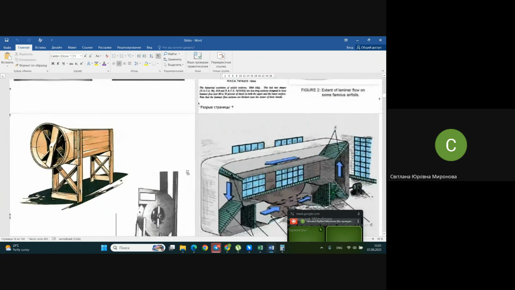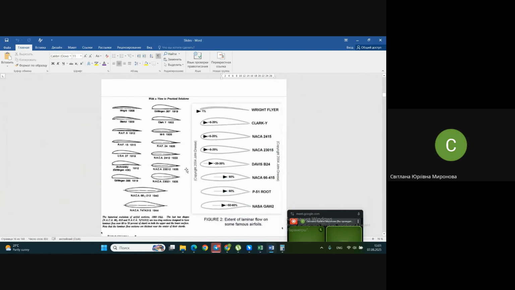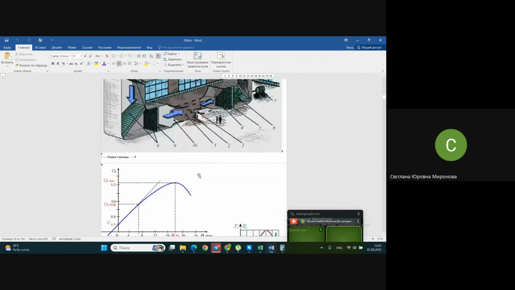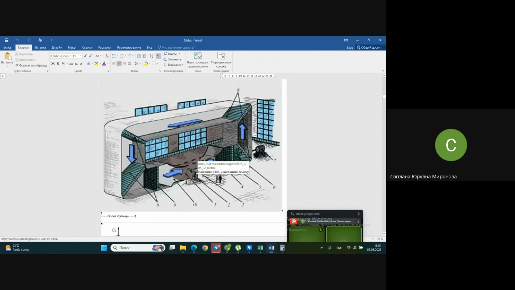Wind tunnels. We have different profiles. We use wind tunnels, special laboratories, to determine these characteristics. So when you have already a real airplane, you may do wind tunnel tests. In wind tunnel tests, you may do separate testing of different elements like the wing, stabilizer, and so on, for this profile, for this wing aspect ratio.